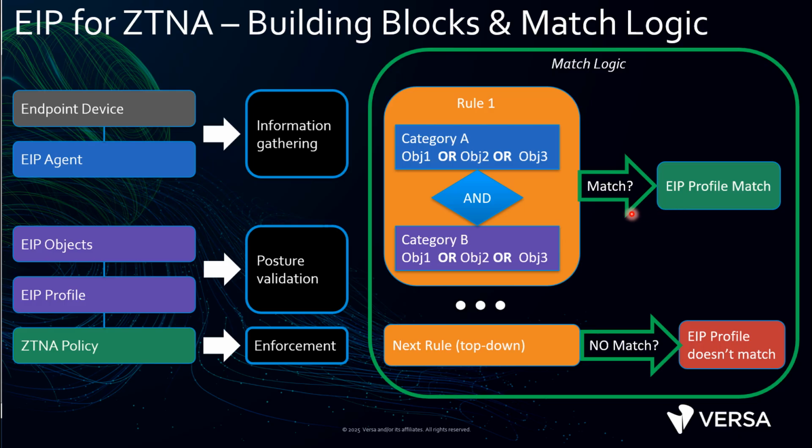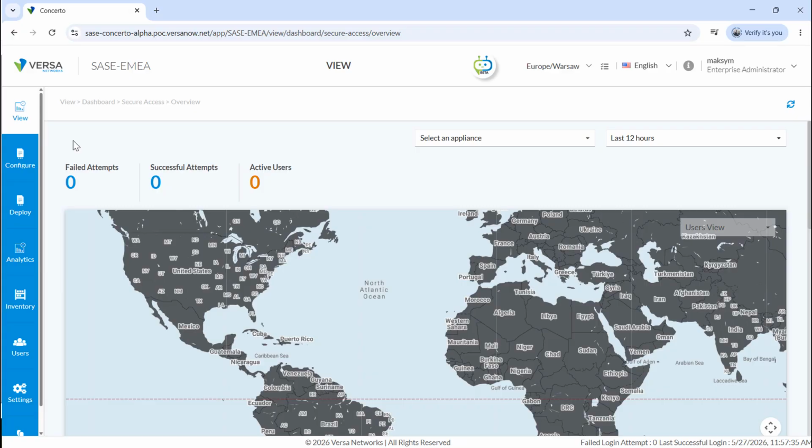If the rule inside EIP profile fails to match, then we move to the next rule until the last rule. If no EIP rule matches, then EIP profile itself doesn't match, and as a result, the respective enforcement policy doesn't match. Let's go ahead and take a look at it more in practice.